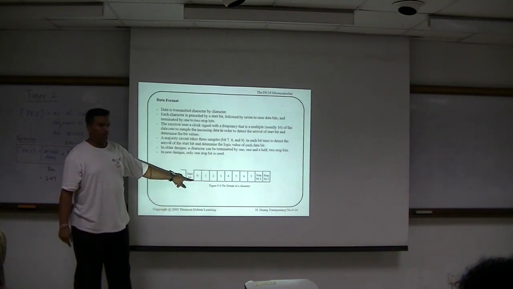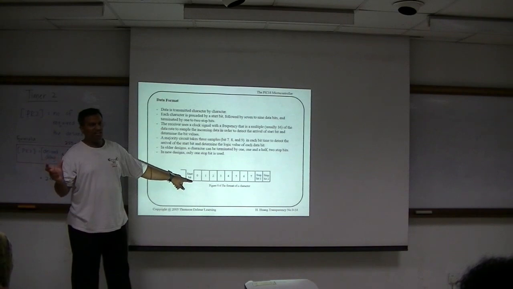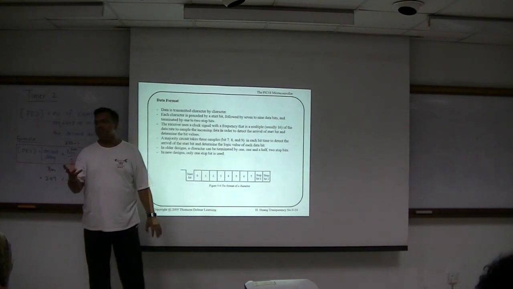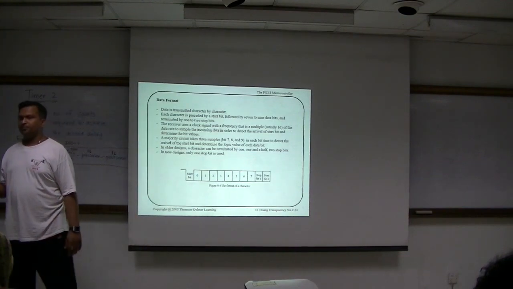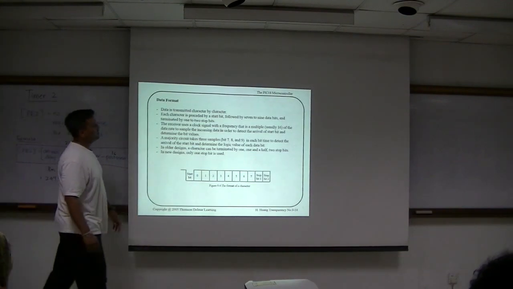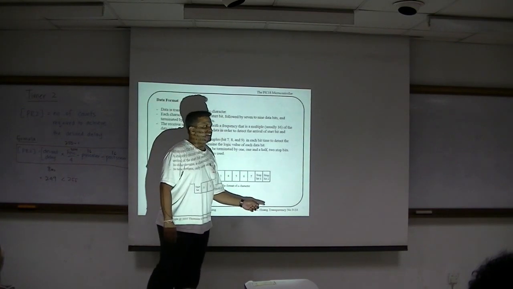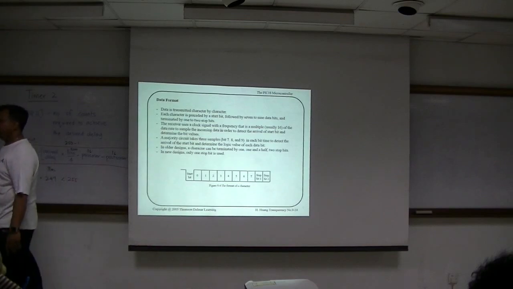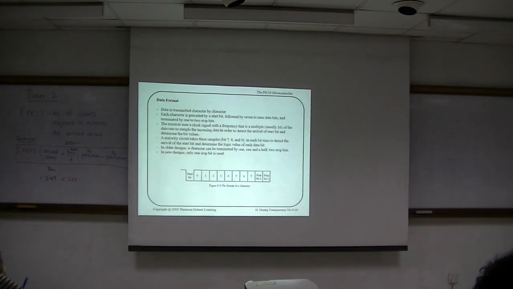After that, depending on how you set it, if you set 8-bit, the subsequent 8 bits are captured as the data. And then you should also have the stop bit to indicate that yes, this is the end of this character. And then again go to start.